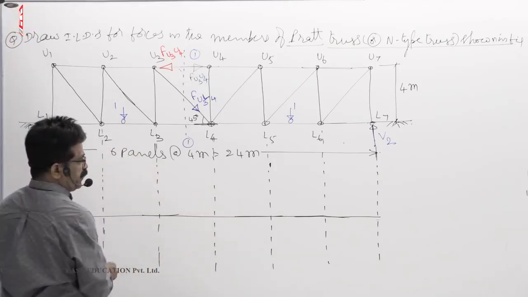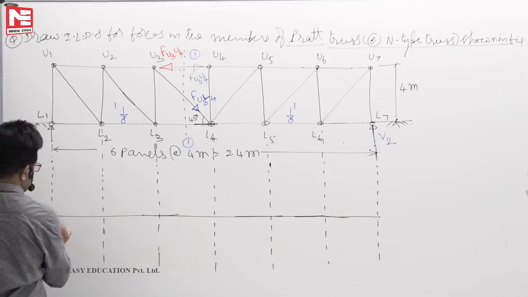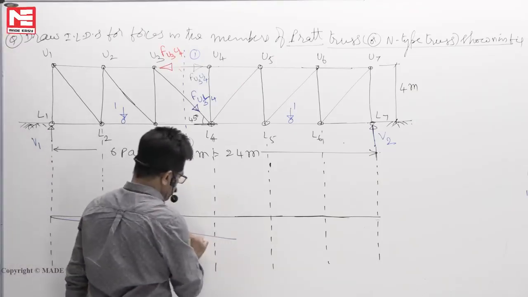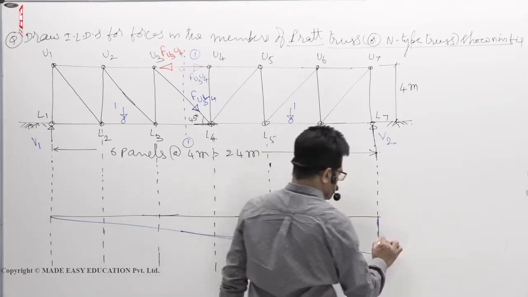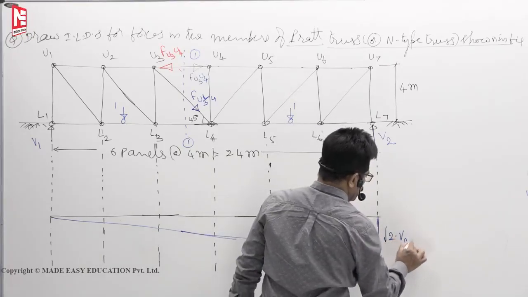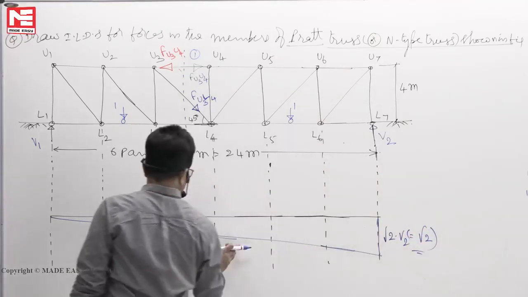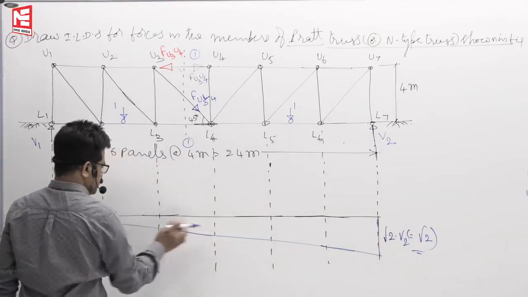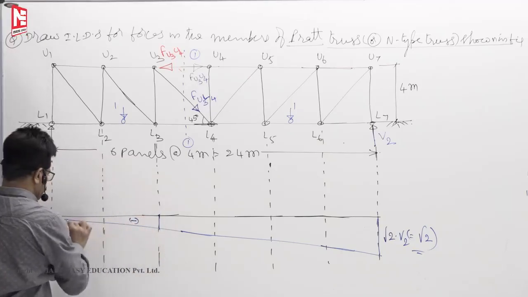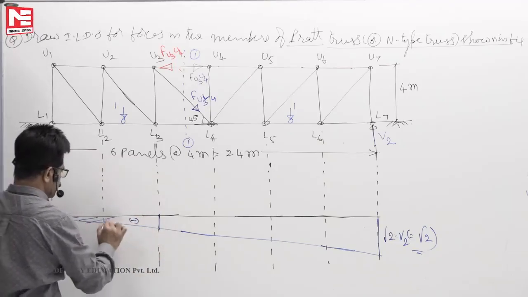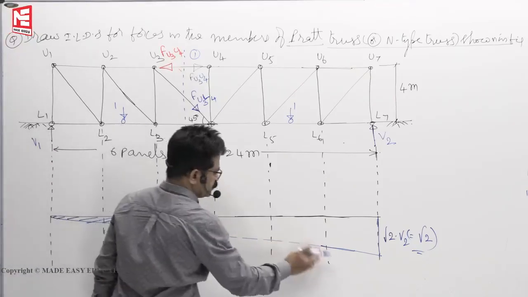Root 2 times V2. So compression means it will go down. Root 2 times V2 means root 2 only. But out of this, up to here only it is valid, minus, because it is compression. This is only construction line.